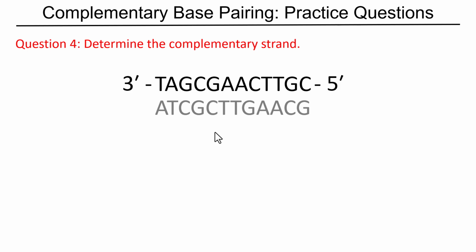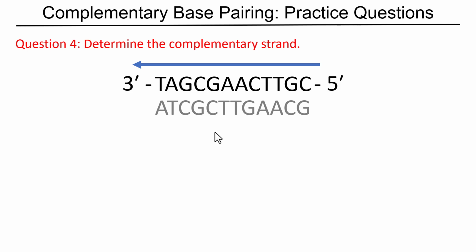The one thing that's a little different here is this question gave us the 5' and 3' ends. So now we have to figure out, okay, well, we probably should label our new strand as well, for full credit. So if that top strand is 5' to 3', right to left, then we know that the bottom strand is going to be in the opposite direction, because DNA is antiparallel.